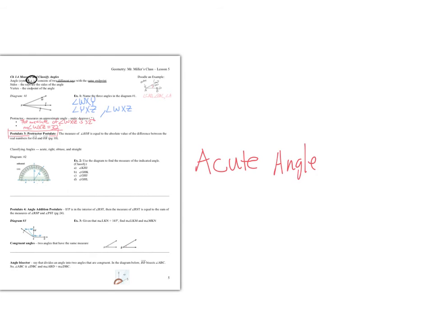An acute angle is an angle that is greater than 0 degrees, and the measure of angle A is then going to be less than 90 degrees.